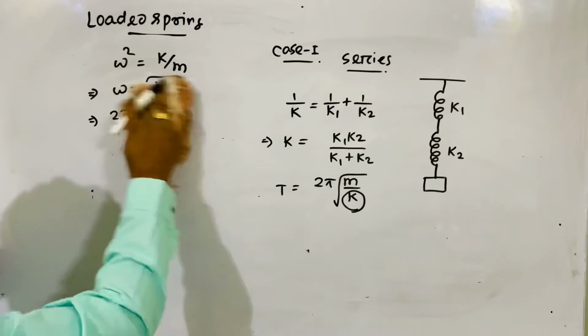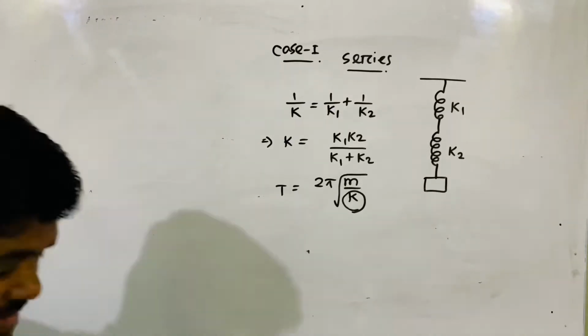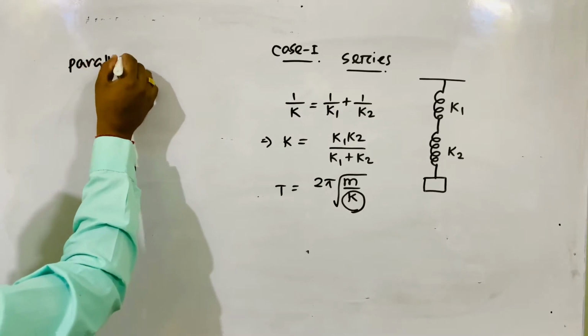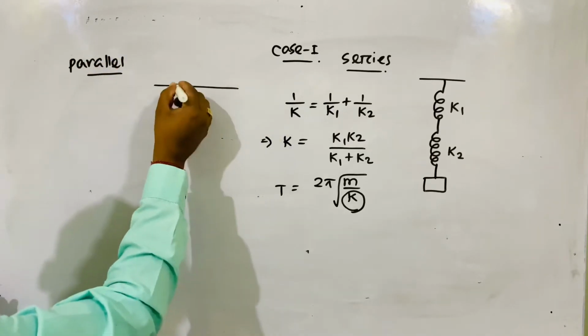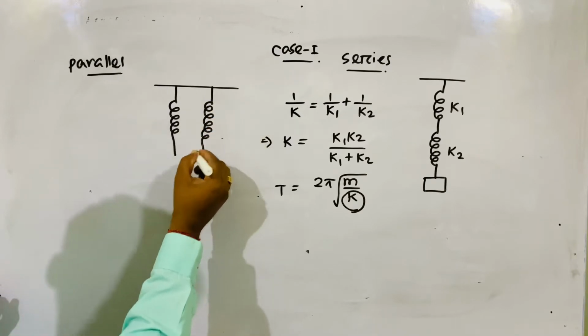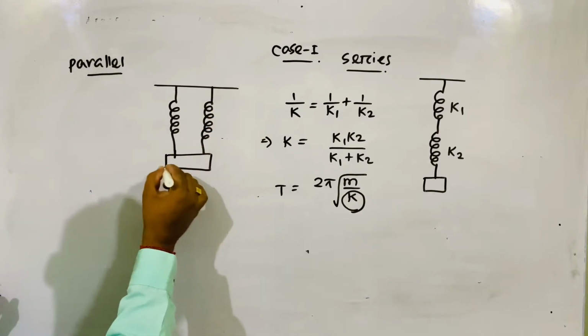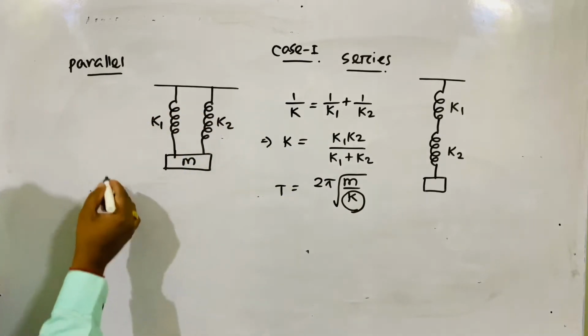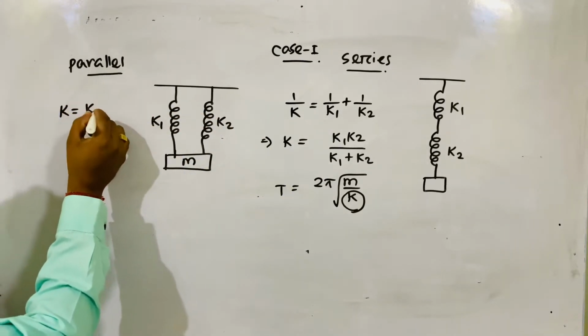The next is parallel combination. Let's do parallel combination. Parallel combination means this is one spring, this is also one spring, both are connected in parallel. This is the mass M, with spring constants K1 and K2. What is the effective spring constant?